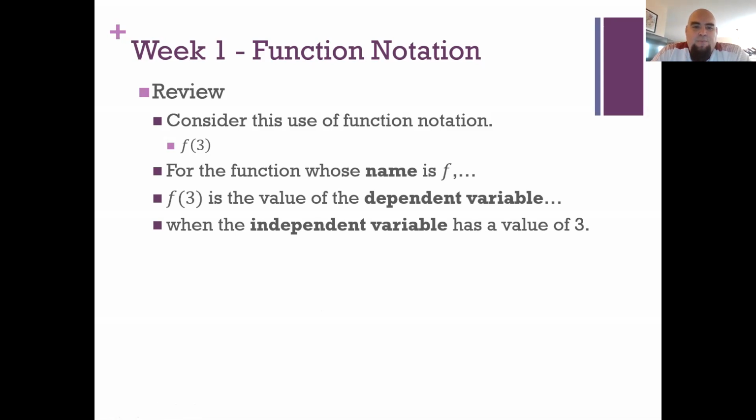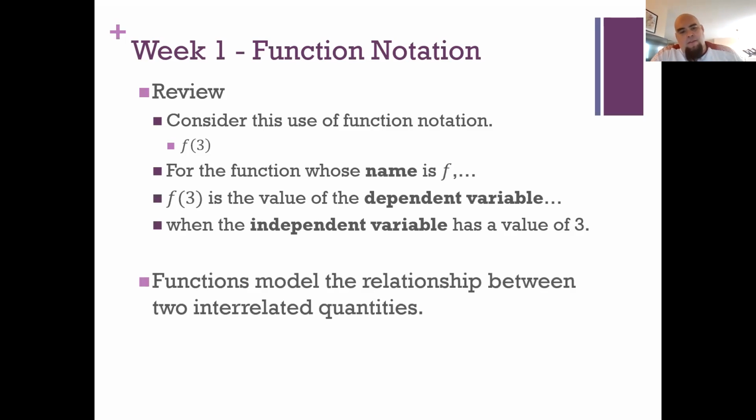You've probably been seeing function notation for many math classes, but we're solidifying things because what we do in 271 is a lot more conceptually emphasized than what you might be used to. In general, functions model the relationship between two, could be more than two, but at least two interrelated quantities.